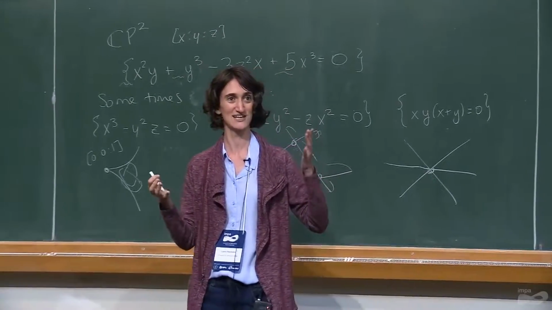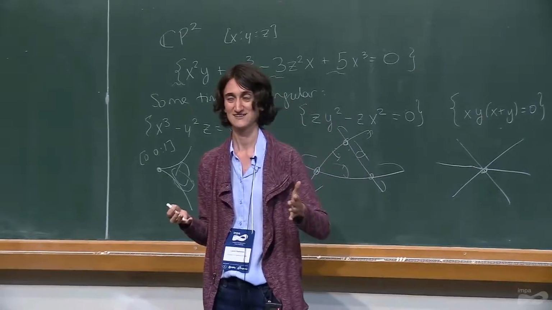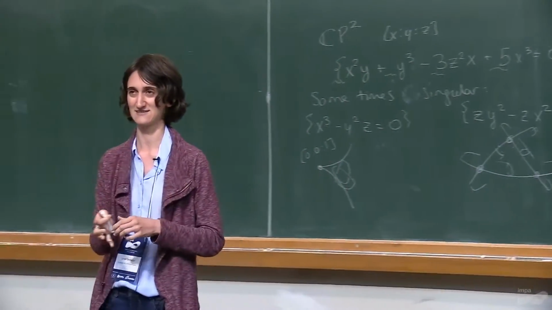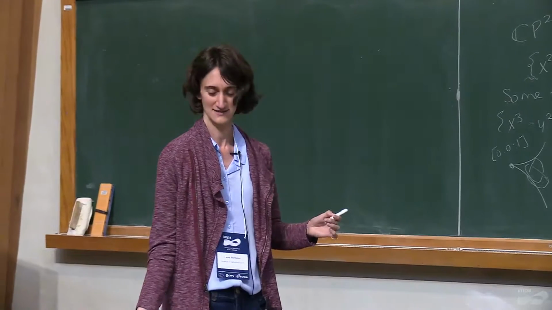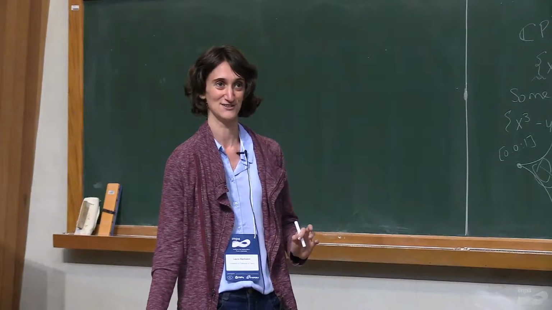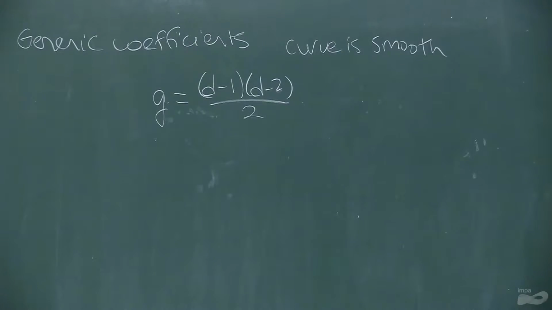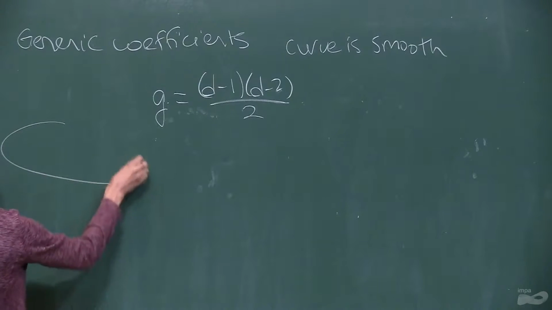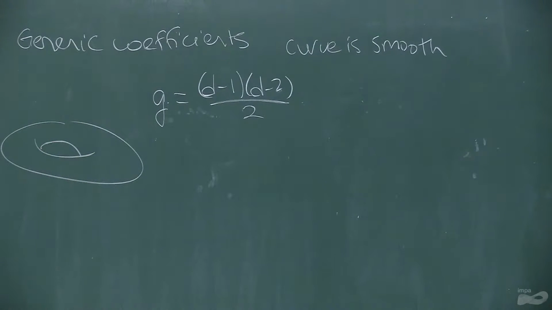I'm going to try to call everything curves so we don't forget and think that I'm talking about complex surfaces, but just ask if you're confused. In this degree 3 case, the genus is 1, a torus. And as I get higher and higher degrees, the genus gets higher and higher.